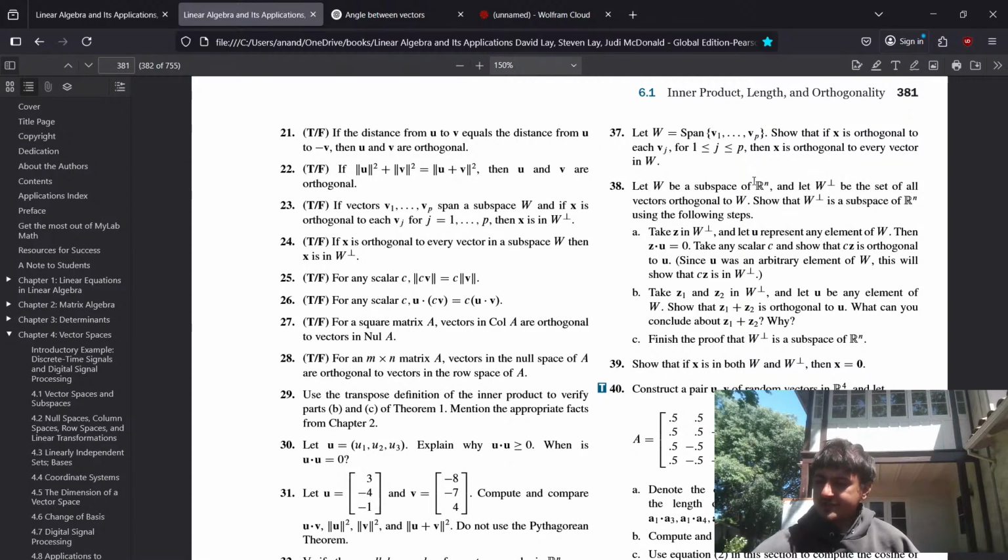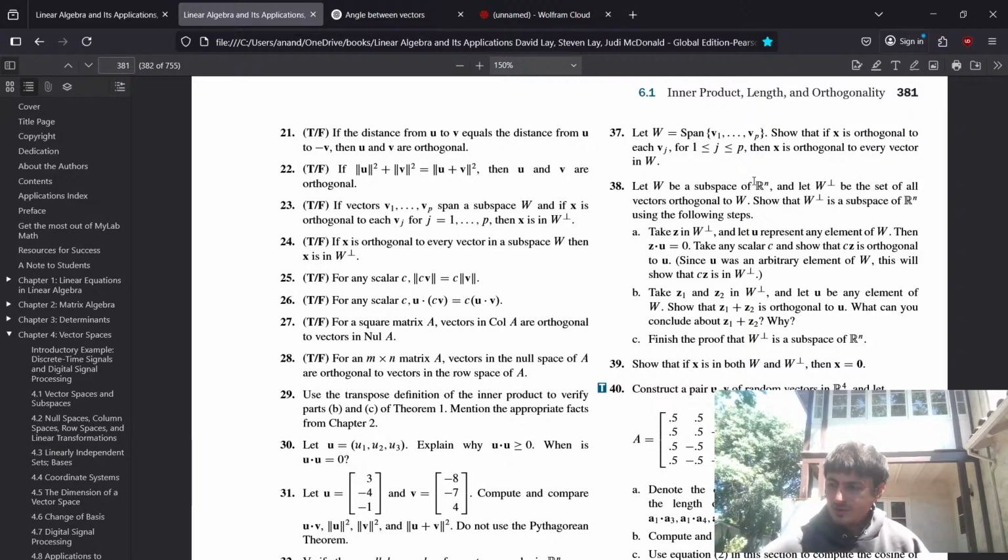So let's say that we have B1 to Bp, a basis of W. Want to show for u, v in W perp that u plus v is in W perp.